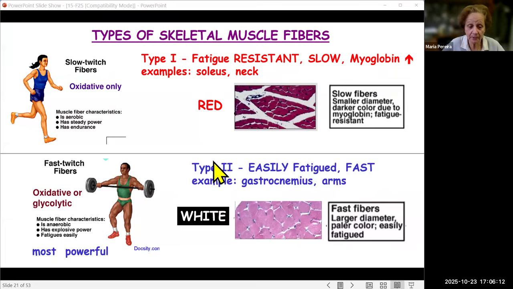Some of the muscles that have mostly type 2 fibers are the gastrocnemius, which is also located in the leg, and the arm muscles. So you see here that all muscles are not alike, and they change in color depending on how much myoglobin is there, and they rely either on glycolysis or aerobic phosphorylation.